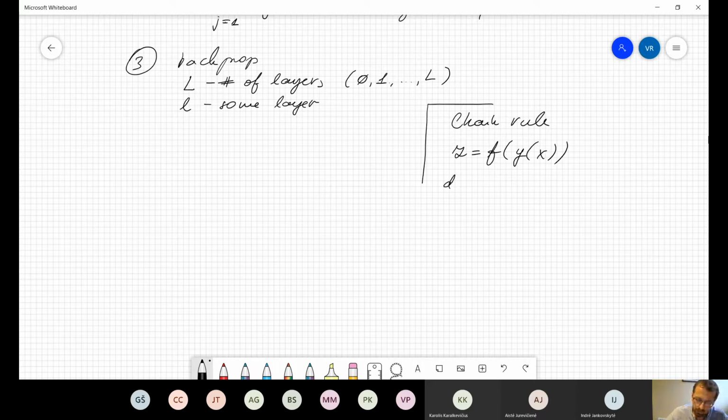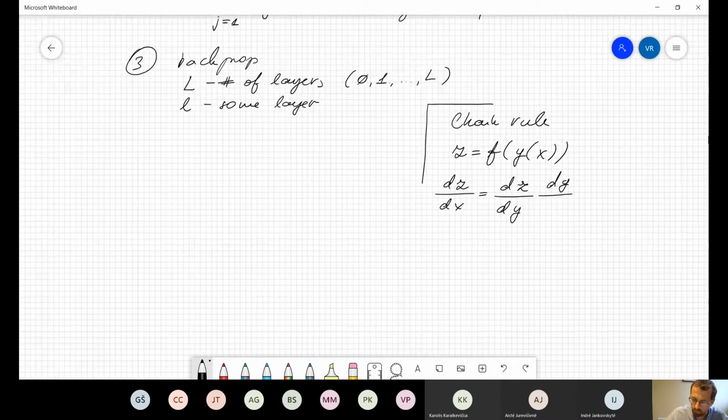So the partial derivative of z with respect to x, meaning how much a change in x changes z, is calculated as the derivative of z with respect to y multiplied by the derivative of y with respect to x.